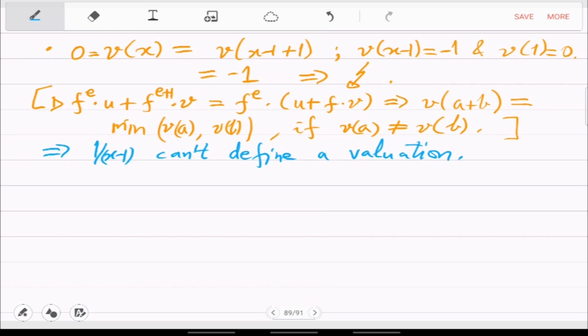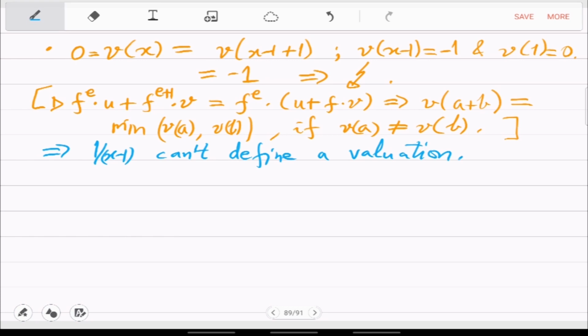Okay, so there is a significant difference between 1 over f and this 1 over x. 1 over x is somehow very special. Is that clear? How did we say the valuation of x is 0? Well, 1 over x minus 1, as you said, x equal to 1 is a pole, isn't it?